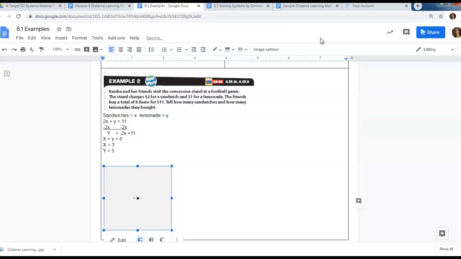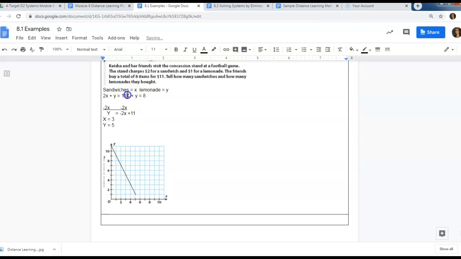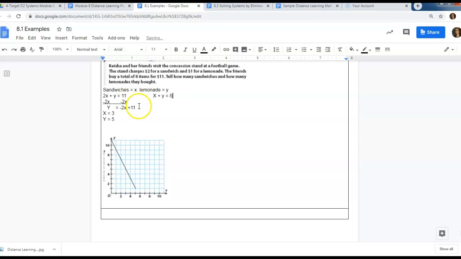So save and close. And now my other equation is right here. I'm going to go ahead and move it to right there. Tab doesn't work, so I'm going to put a space so I can just do it right there. Once again, this one is not in slope-intercept form, it is in standard form.